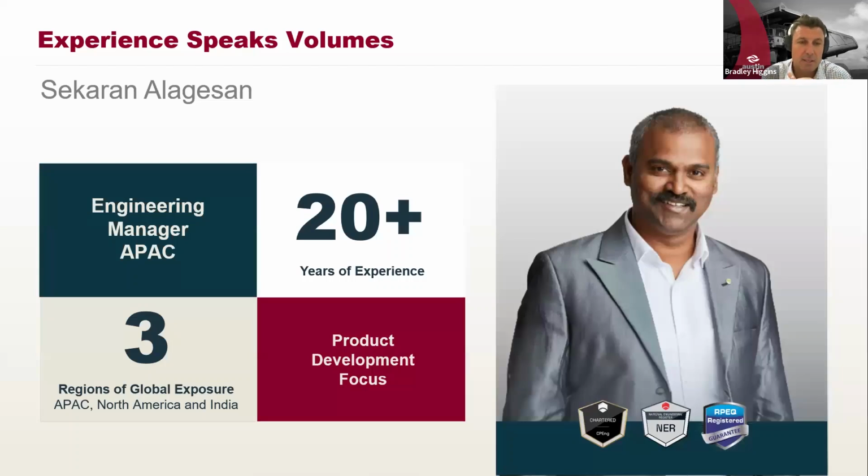And leading the conversation piece today, our industry expert is our engineering manager here in the Asia Pacific region. He brings over 20 years of experience. He's worked all over the world. He had come from North America prior to working with Austin. His responsibility with Austin, he oversees a total of 23 engineers and draftees across 2 continents and 3 different countries, where his team is spread far and wide.